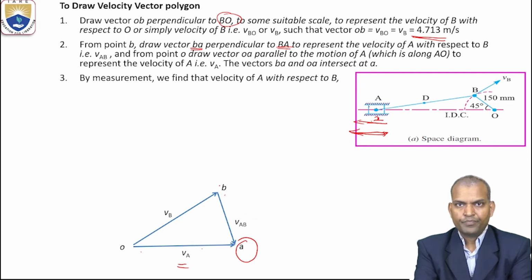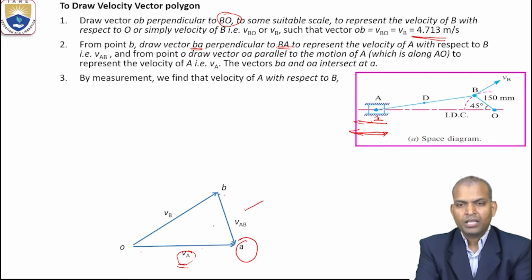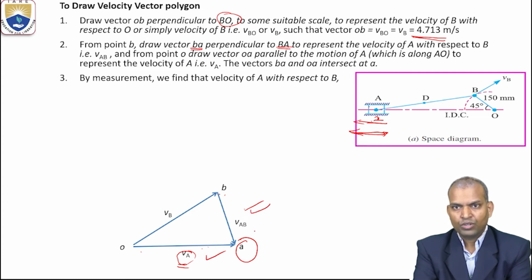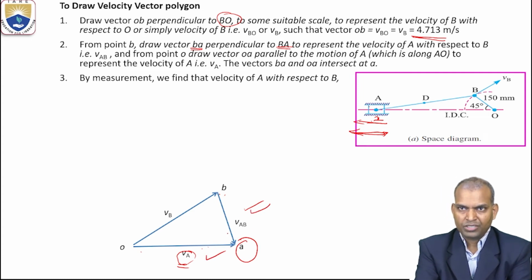Next, third step, by measurement, we find that the velocity of A with respect to B, that is VAB, can be measured from this. VA also can be measured. Both magnitude and direction can be measured.